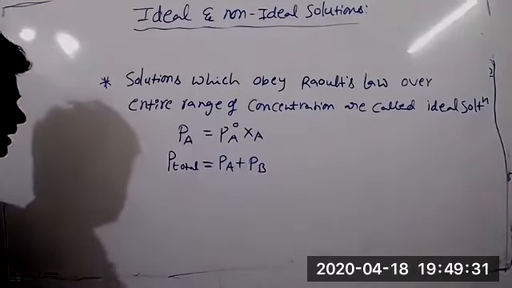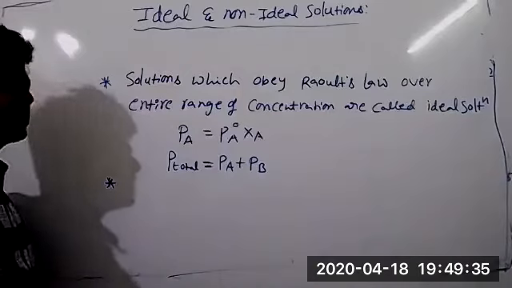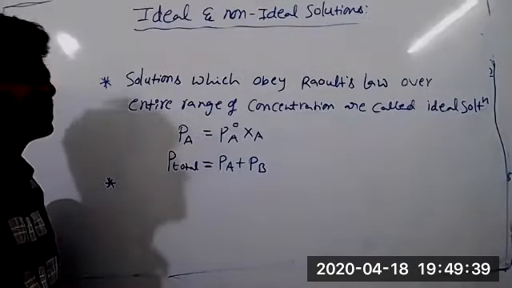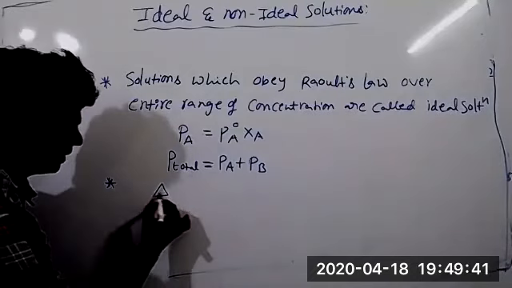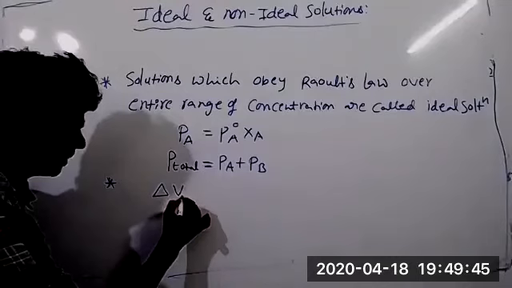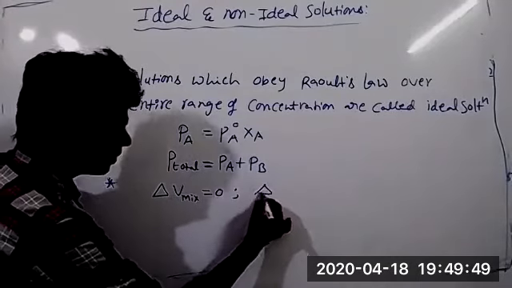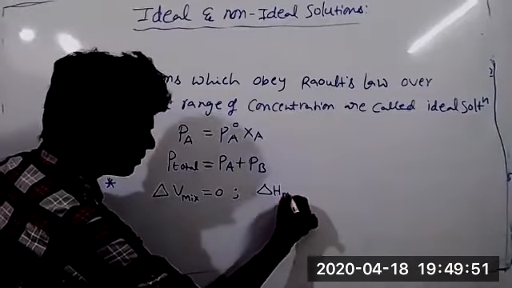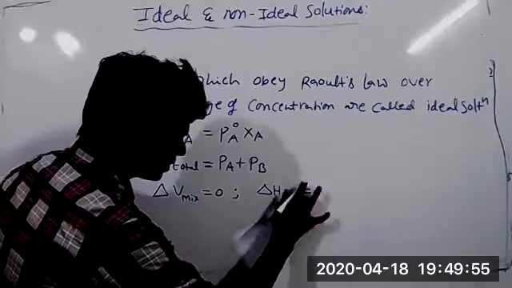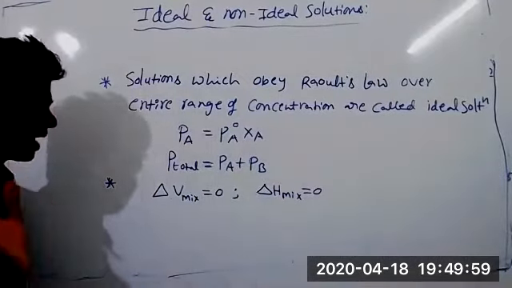One more very important thing, listen all of you to this point. For an ideal solution, enthalpy of mixing and volume of mixing are both 0. Delta V mix is equal to 0 and delta H mix is equal to 0. See what this means. Yes, I am telling that first.